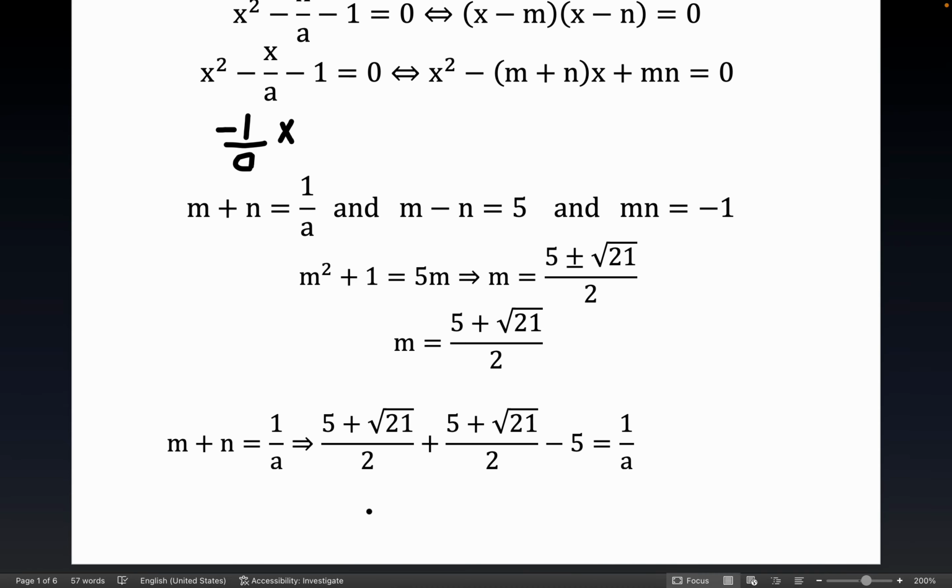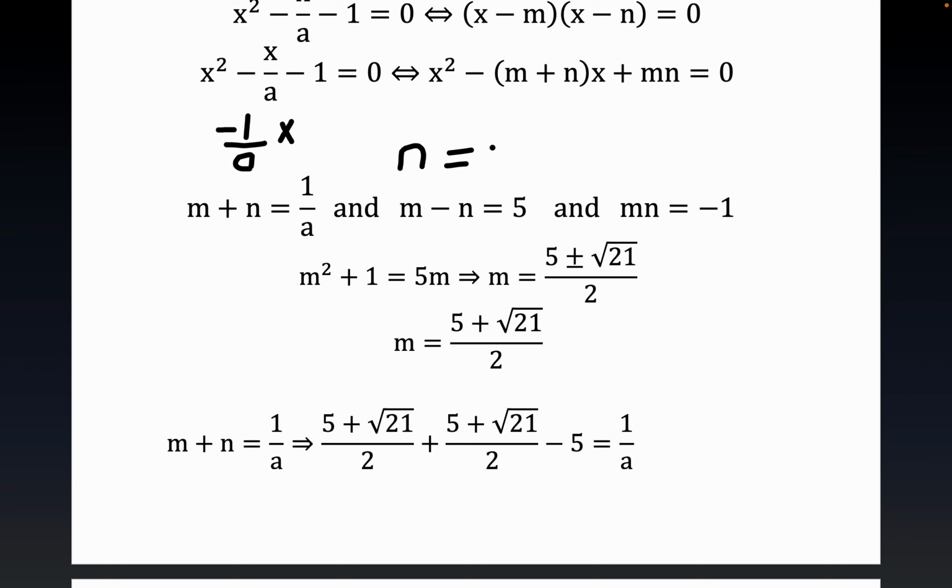Notice that right here this says m plus n, right? But this means you can rewrite this as n is equal to m minus 5. Okay, n is equal to m minus 5. Okay, folks.